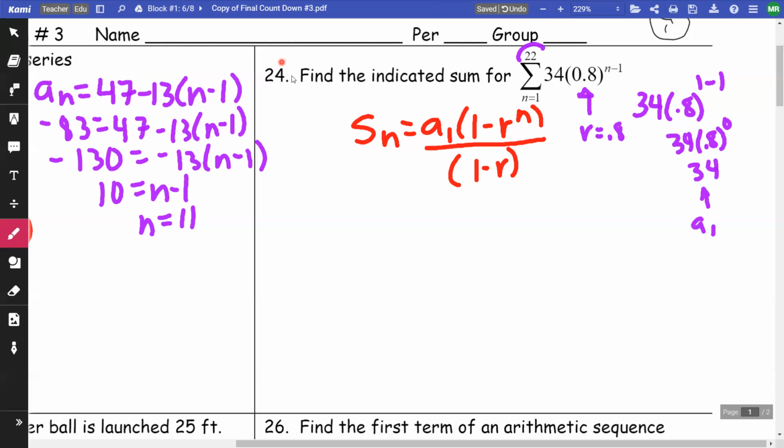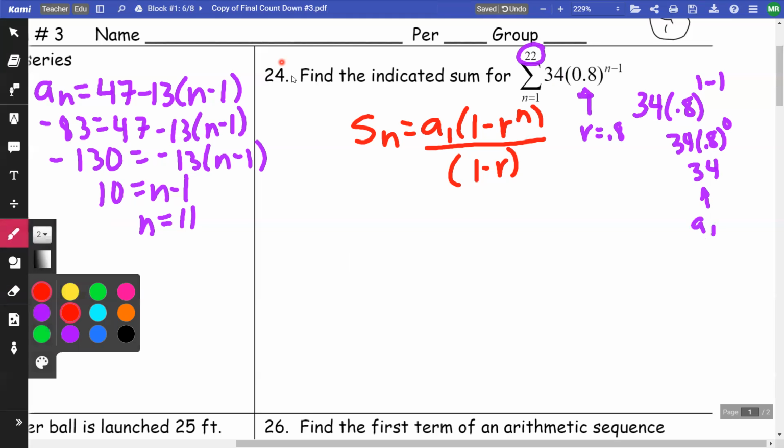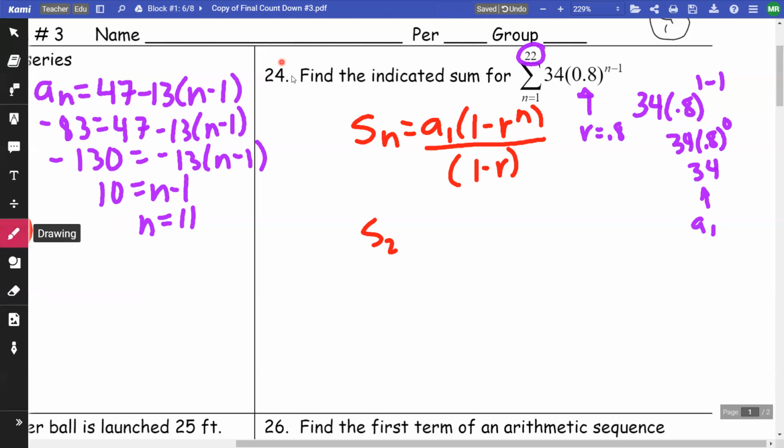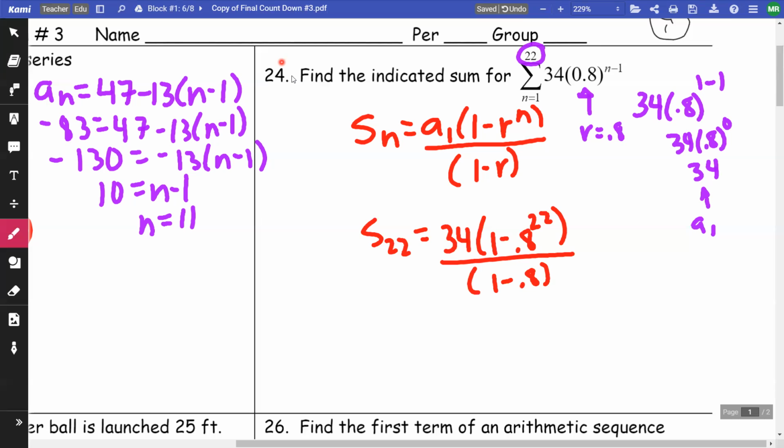And I know we want 22 terms. So I am going to do S sub 22. S sub 22 is equal to 34 times 1 minus 0.8 to the power 22, all over 1 minus 0.8. And I'm going to put that into my calculator.